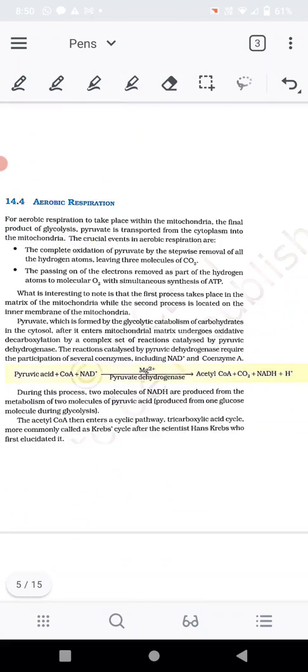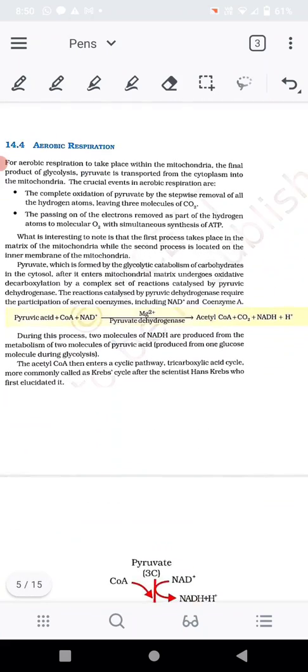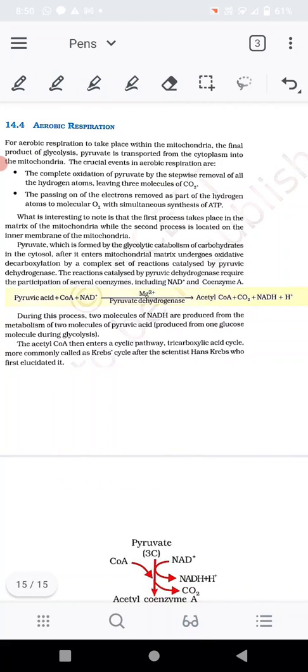Let us talk about the aerobic respiration. Now as I told you, in the aerobic respiration, after glycolysis, the pyruvate is transported from the cytoplasm into the mitochondria, which is regarded as the powerhouse of the cell, and the next steps of the cycle take place in the mitochondria.